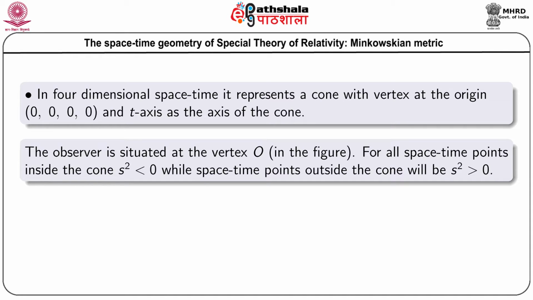The observer is situated at the vertex O. We shall see this in the figure in the next slide. For all space time points inside the cone, s square will be less than 0, while for space time points outside the cone, s square will be greater than 0.